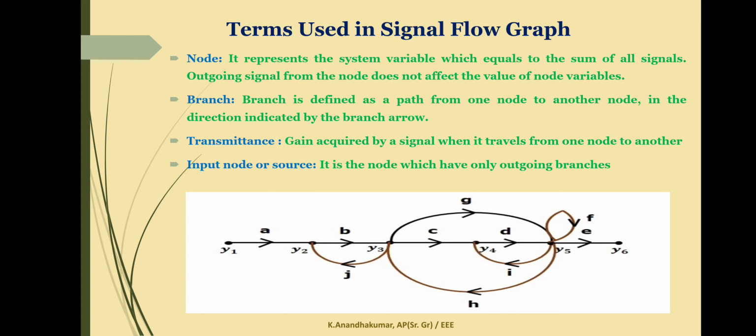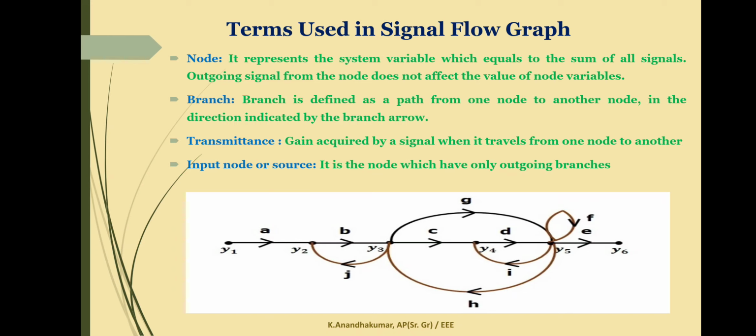Node y6 has only incoming branches, no outgoing branches. But if you look at node y1, it has only outgoing branches. Only one branch is going out from node y1, which is called an input node or source node.